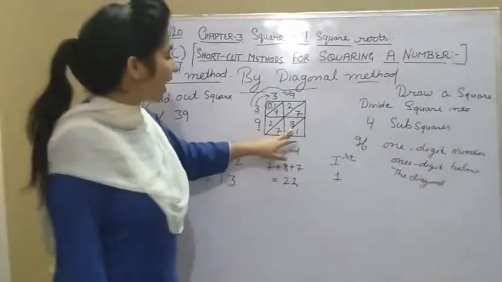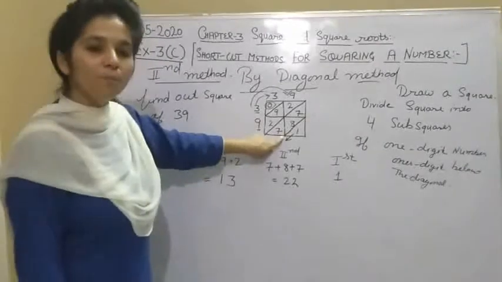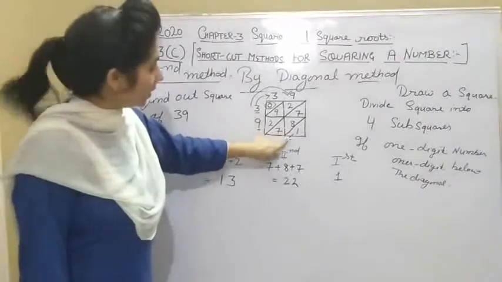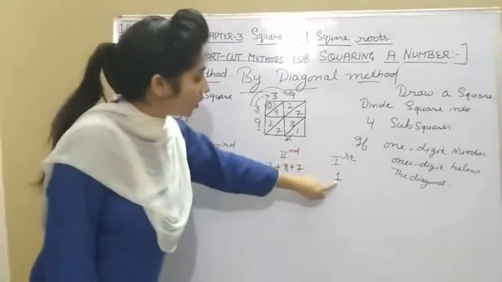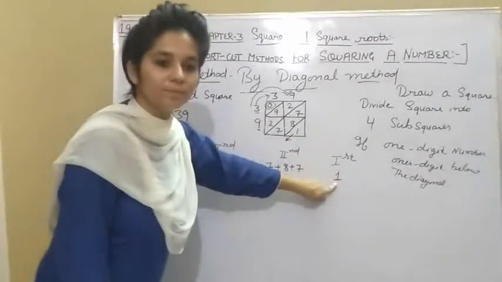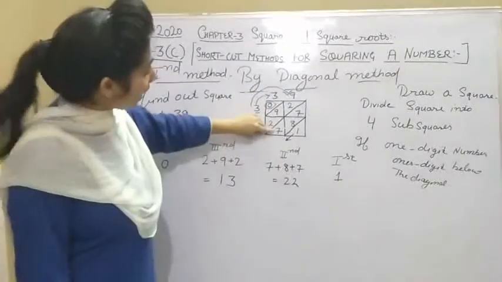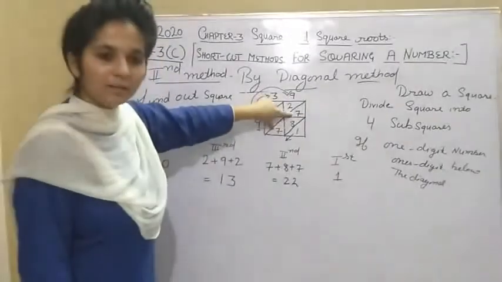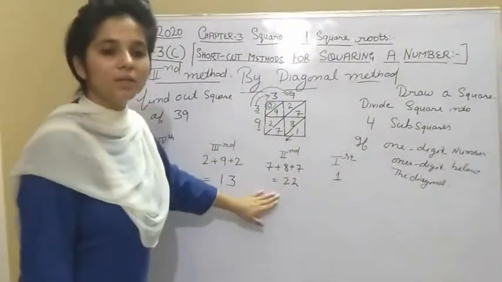We have 3 diagonals, 1, 2, 3. Start from below of the diagonal. Below of the diagonal, there is 1 digit only. You will write 1 here. Above the diagonal, you have 3 digits. You will take the sum of all these 3 digits.